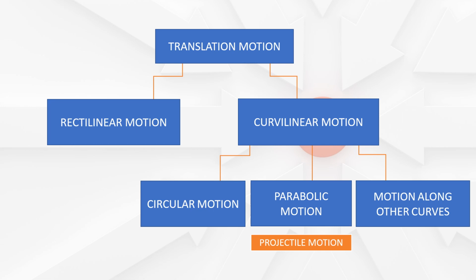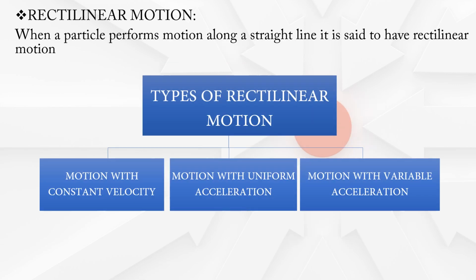Now, curvilinear motion is further divided as shown: circular motion, parabolic motion, and third one is motion along other curves. It may be elliptical motion, etc. So circular motion is the motion of a particle along the circumference of a circle. Parabolic motion is also termed as a projectile motion. So this is how the translation motion is classified.